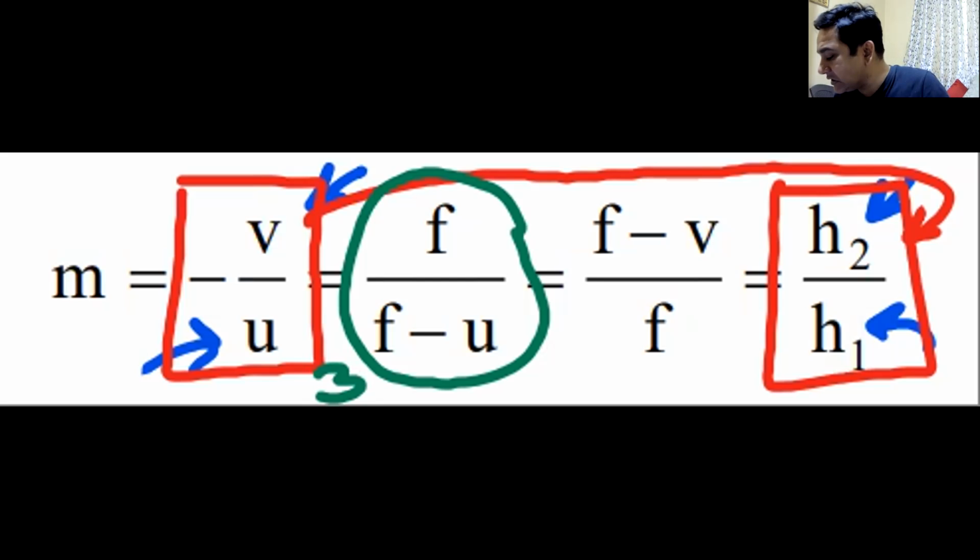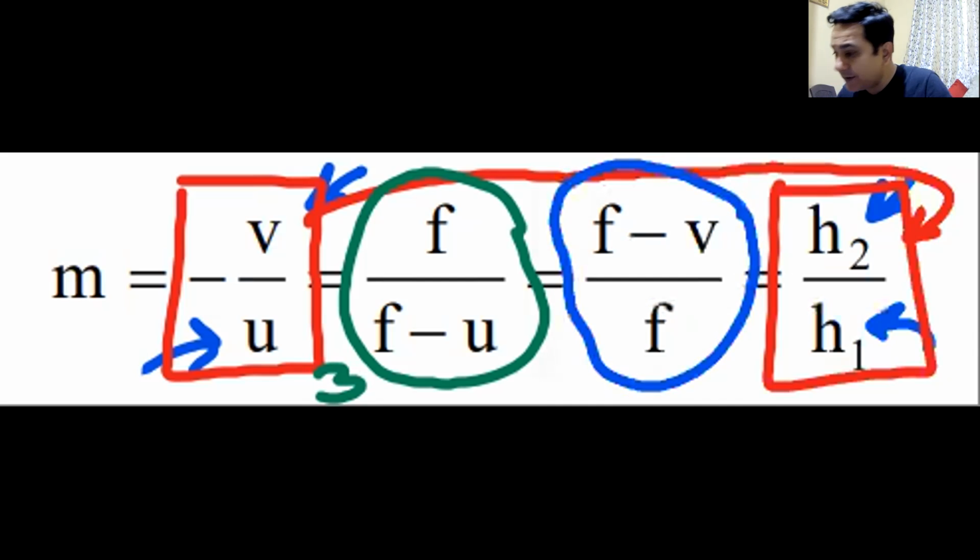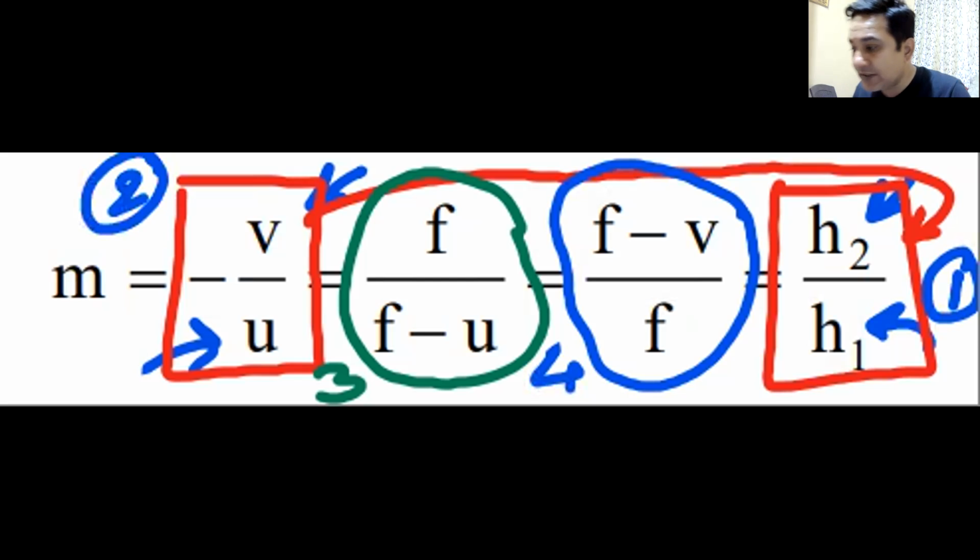This formula is in terms of f and u. Similarly, the other formula is f minus v by f. I shall call it formula number 4. Remember formula number 1, formula number 2, then 3, then 4.